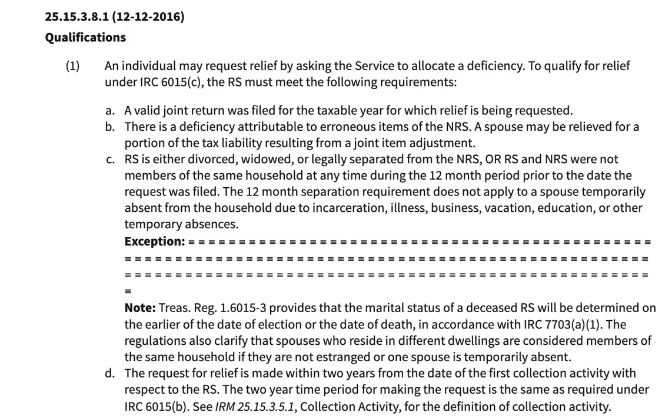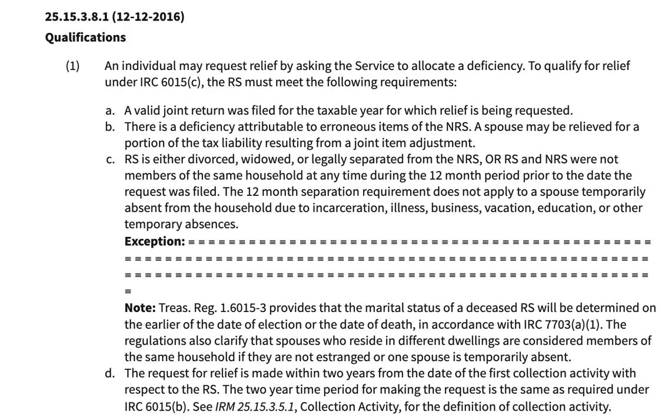And then the final requirement is that the requesting spouse is either divorced, widowed, or legally separated from the non-requesting spouse, or that they were not members of the same household at any time during the 12 months prior to the date that the request was filed.